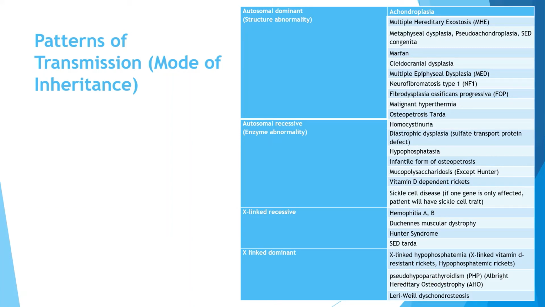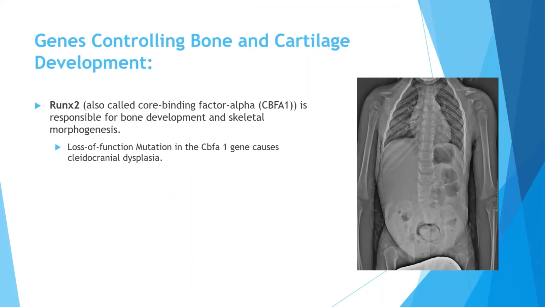Pseudohypoparathyroidism and Leri-Weill dyschondrosteosis. The process of osteoblast differentiation from the mesenchymal cell is a very complicated process, and there are some genes involved in this process. One of them is RUNX2, or the core binding factor alpha, CBFA1.